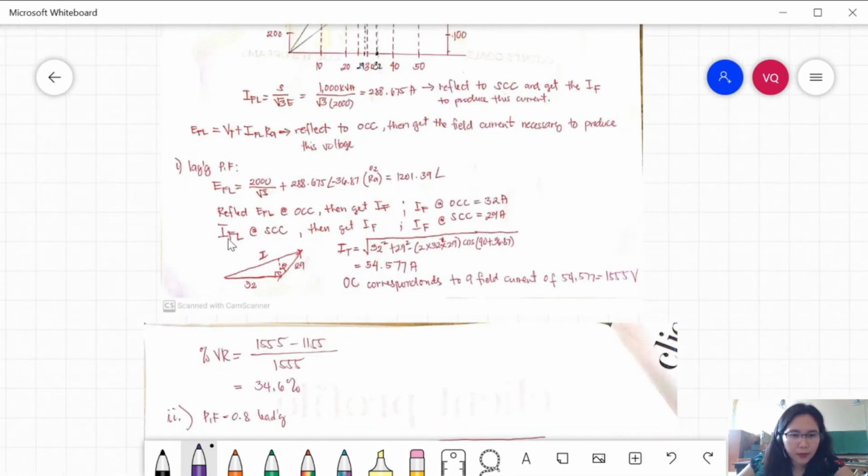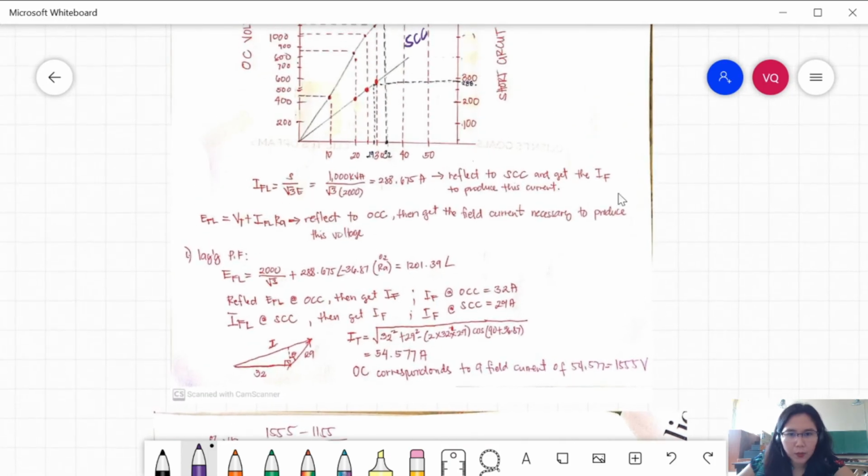And then, IFL at SCC, our 288 a while ago, reflect it to SCC, we will get 29 amperes. This one. This will be our field currents, 32 for our OCC curve and 29 for our SCC curve. Then we will get I using cosine law.